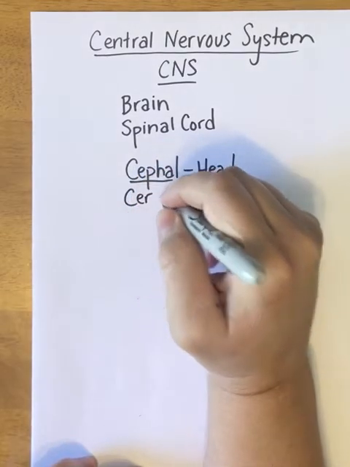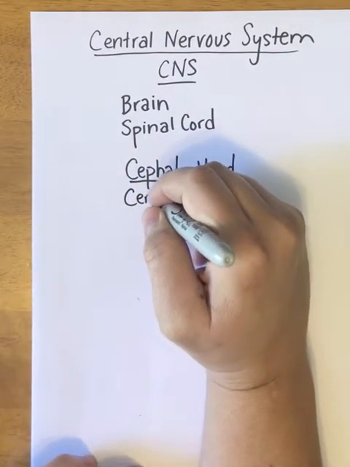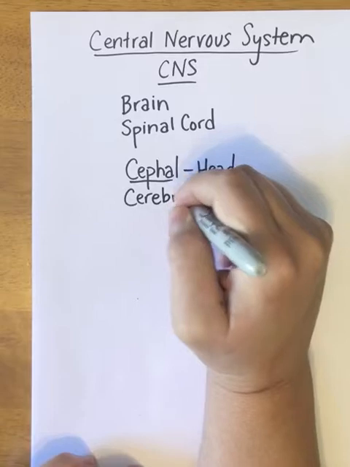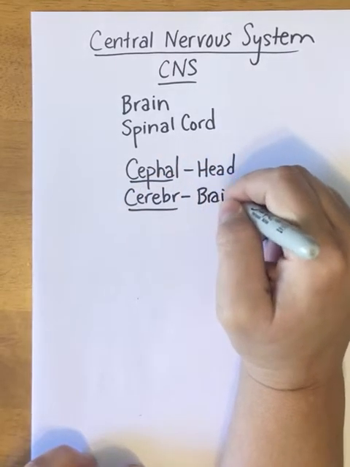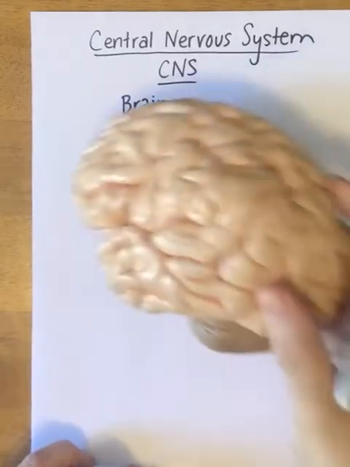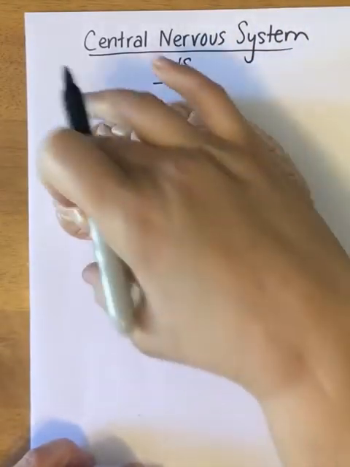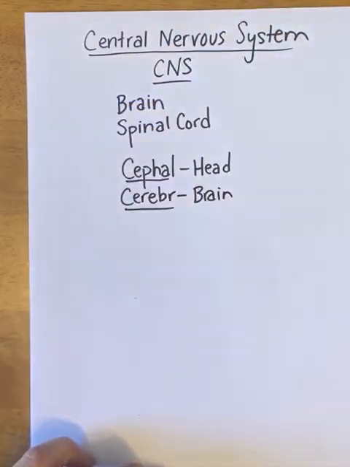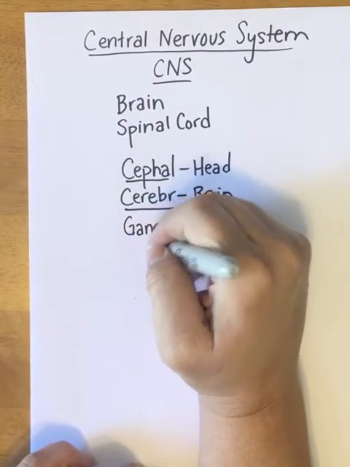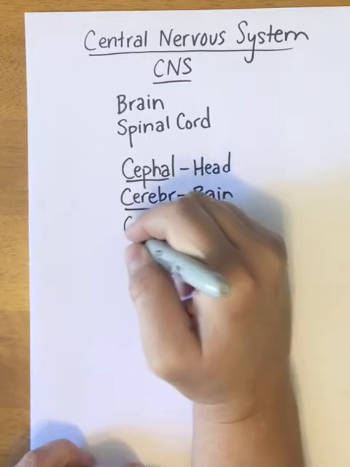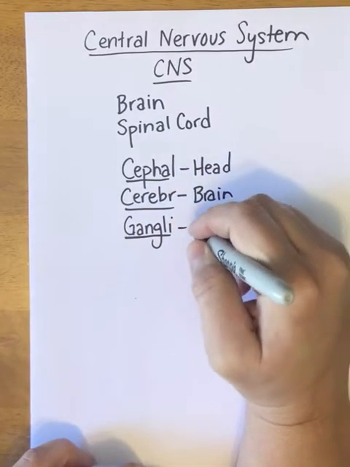Okay, cerebrum literally means brain. So the largest part of the brain is going to be the cerebrum, which is this portion. That's the cerebrum. Okay, the word ganglia means a swelling.